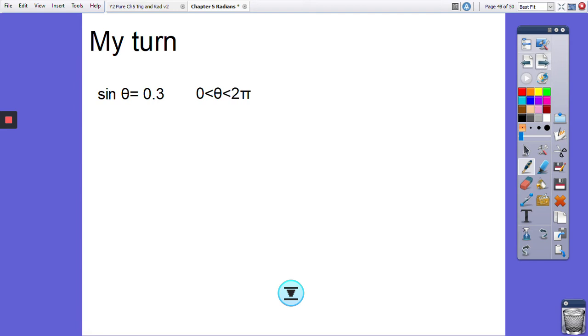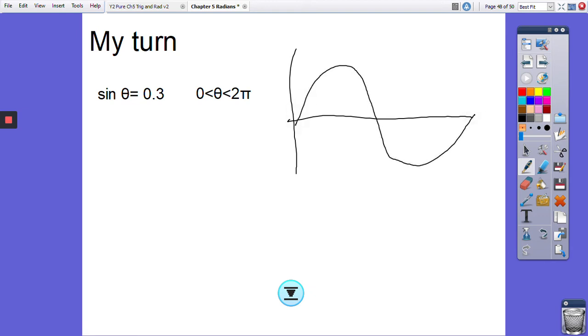So let's draw the graph out once again. The shape of the graph doesn't change just because we're in radians, but of course now here's 2 pi, not 360. Here's pi. We're still talking about 0.3.